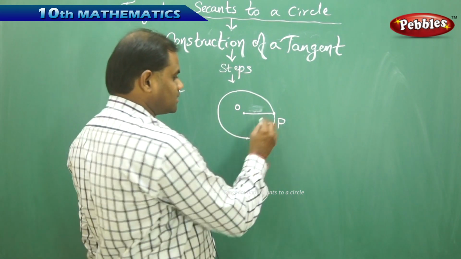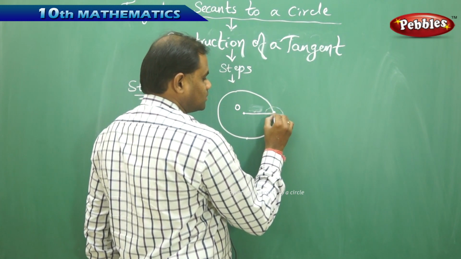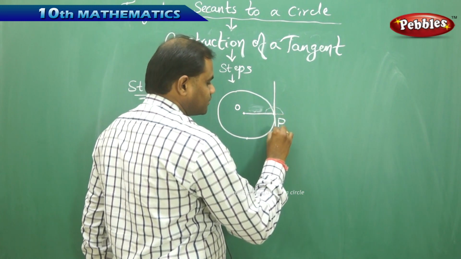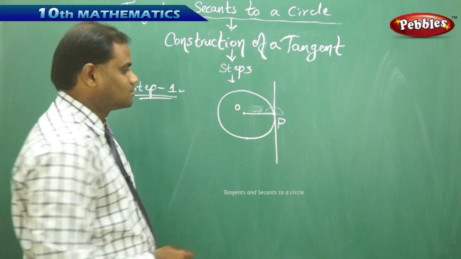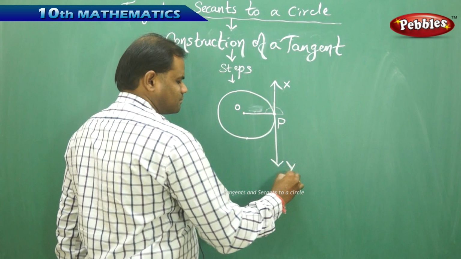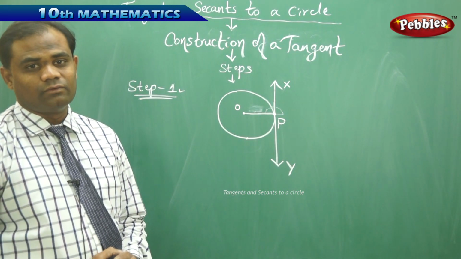So I put the protractor here, and then from this protractor I just try to measure the angle which is 90. Exactly marking the 90 degrees and just extending that line, I get the perpendicular line which is called the tangent.